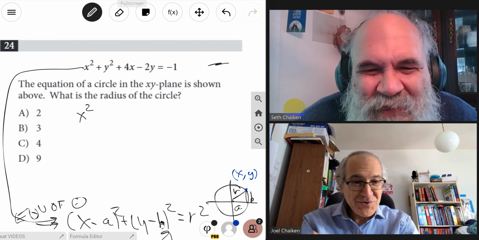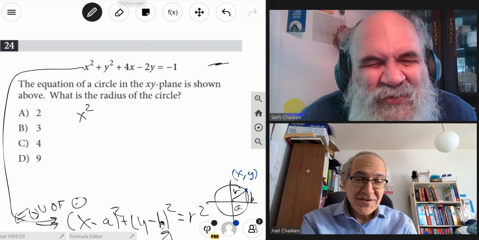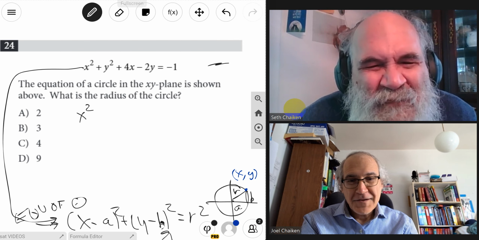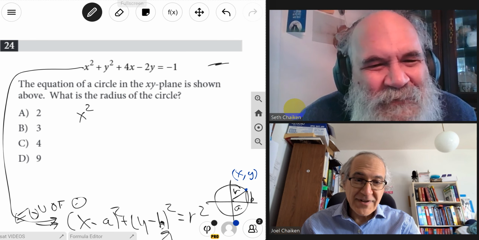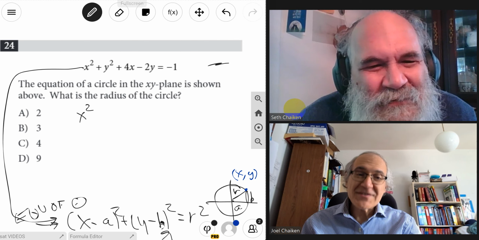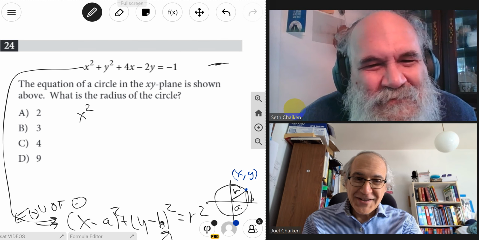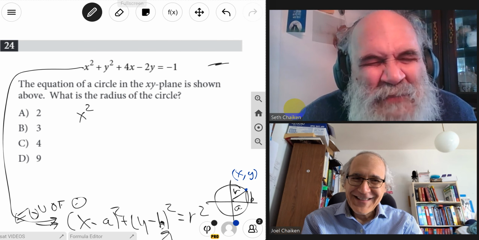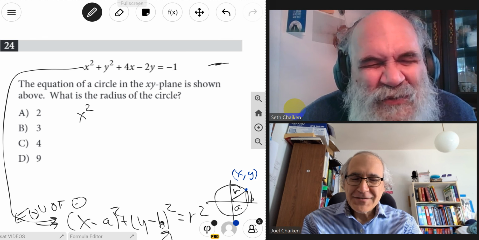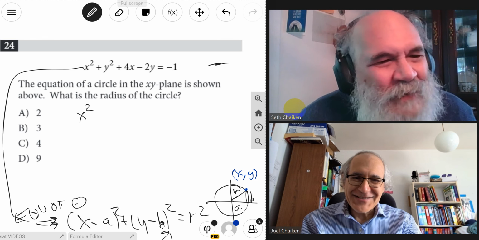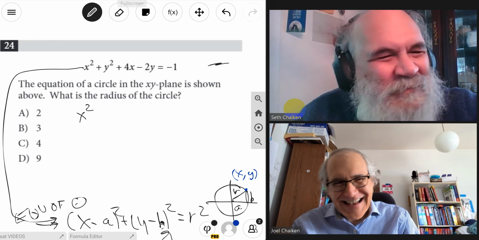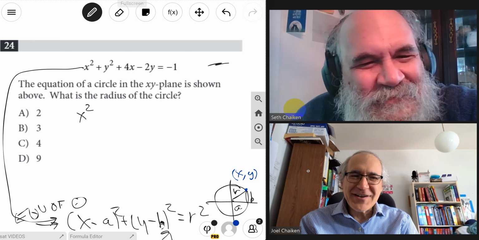So that's where this famous, convenient form for circle equations comes from. I never realized that before. But what you just did was something called overkill. But it helps you remember what the form is. I've lived my whole life remembering it without that. But thank you, Seth, that's really helpful.